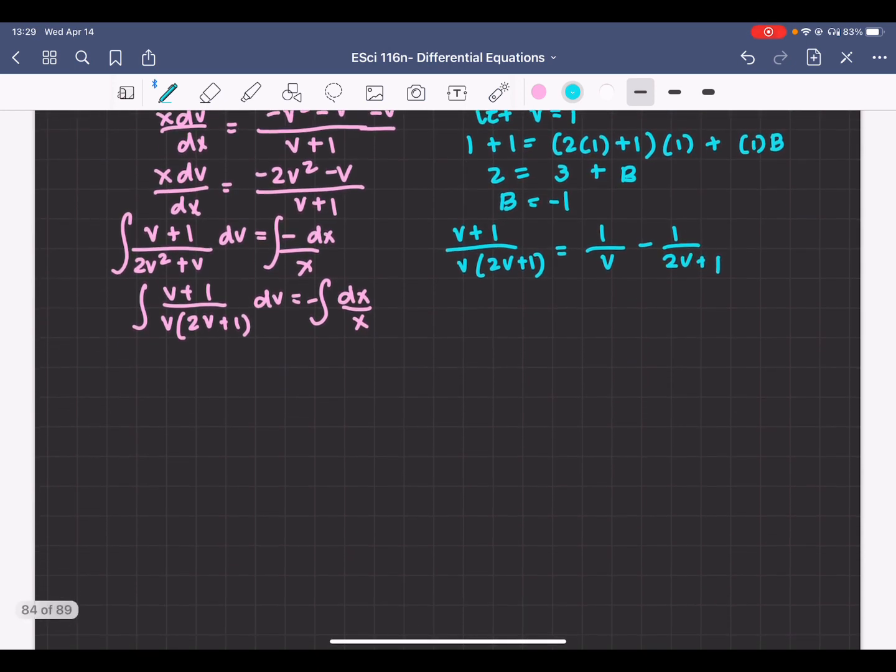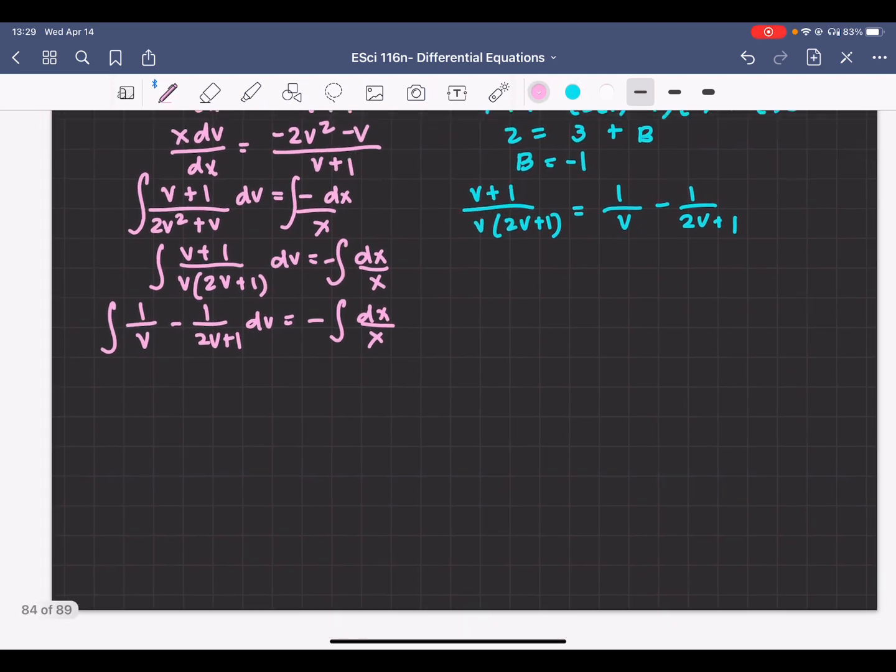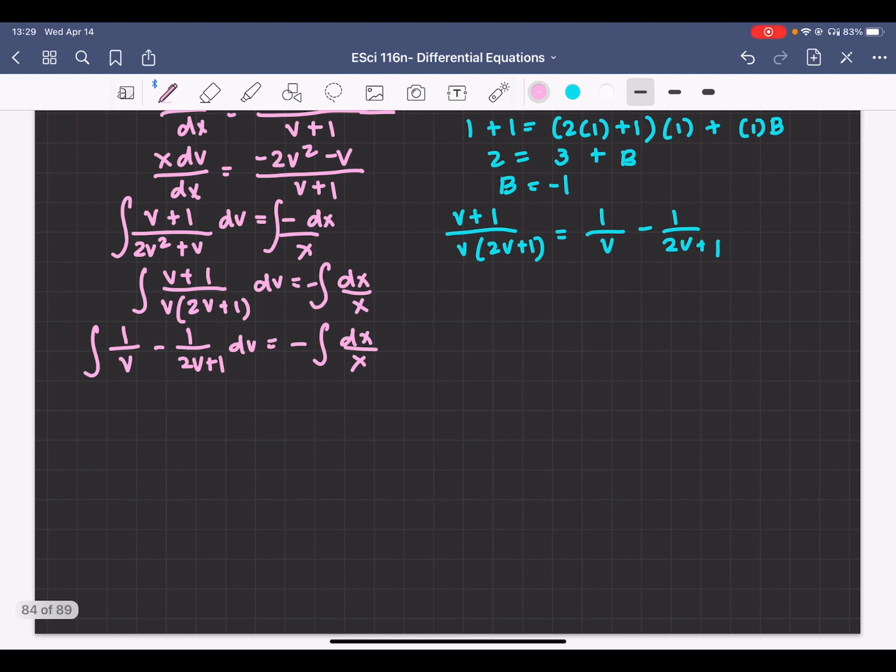So let's bring that back to our main equation. That's the integral of (1 over v minus 1 over 2v plus 1) dv is equal to the negative integral of dx over x. I trust that you guys already know how to integrate this.